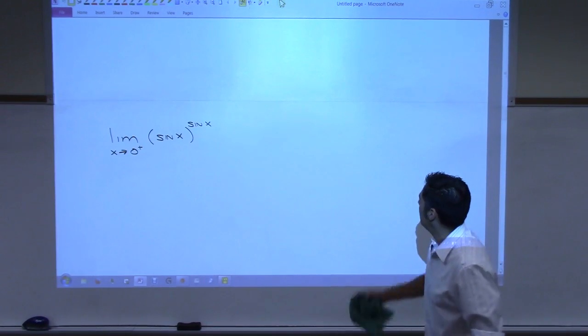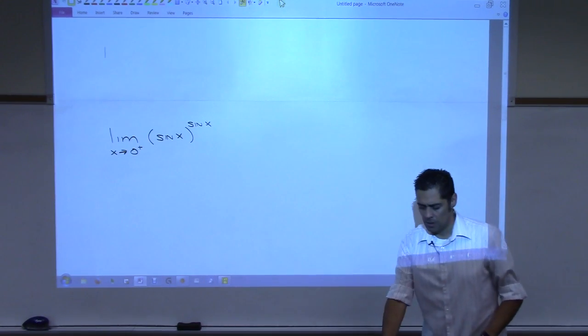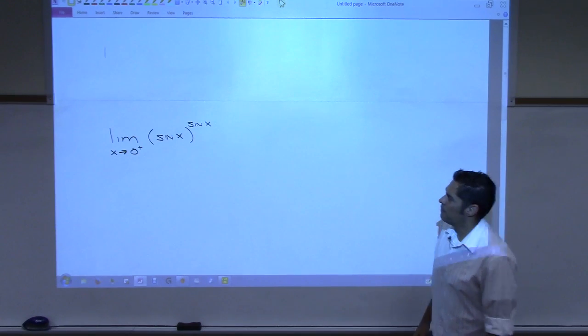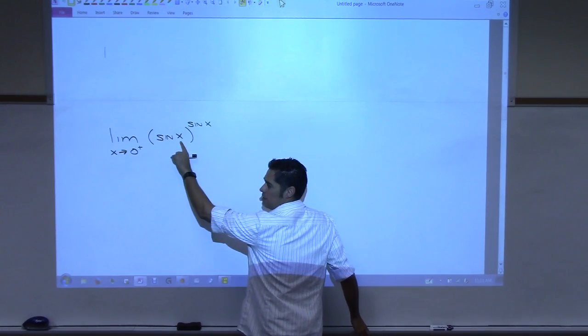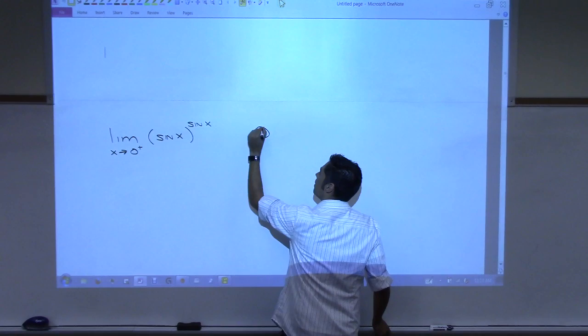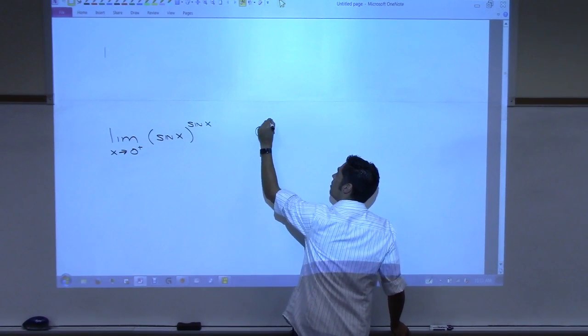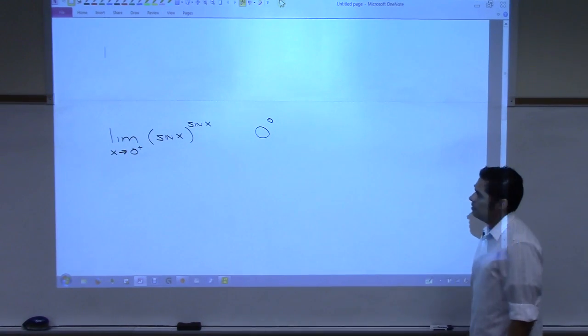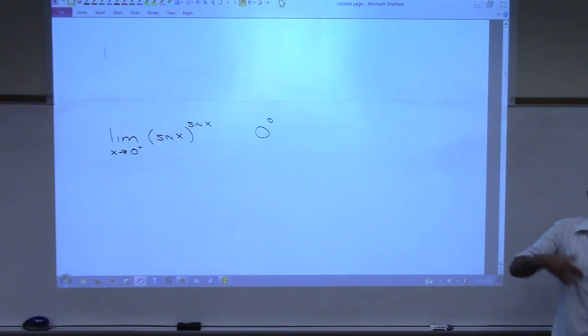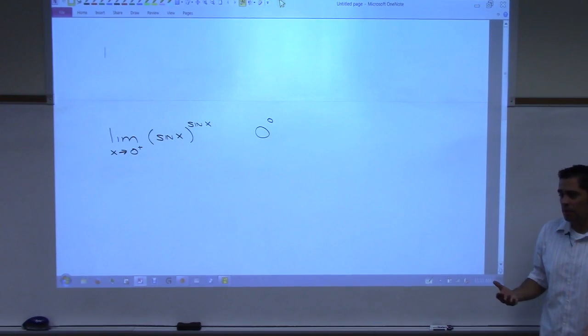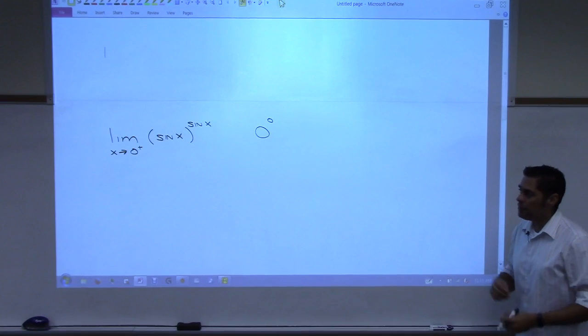Do we have an indeterminate form? Where's the base headed? Sine of 0 is 0, isn't it? So the base is 0, but the exponent is also 0, and is that a problem? Yes. The base wants to be 0, but anything raised to the 0 wants to be 1. So that is an issue.